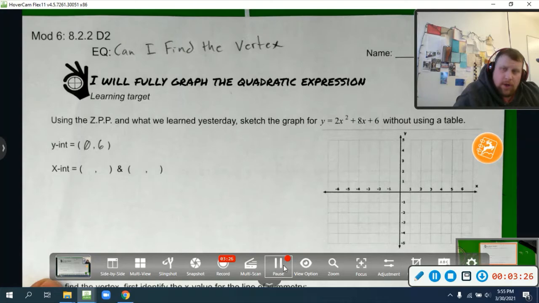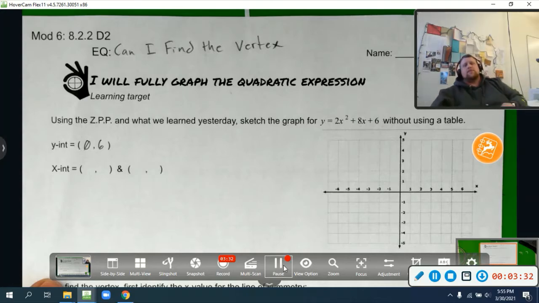Now, you can keep working on ahead. If you finish the product, feel free to start solving for the roots and even move on to graphing. Now, I'm going to give you guys a couple minutes, and we're just going to check and make sure we got our product down correctly.